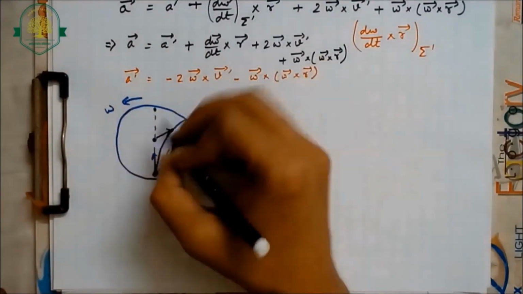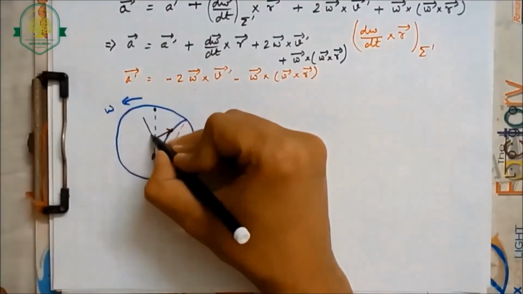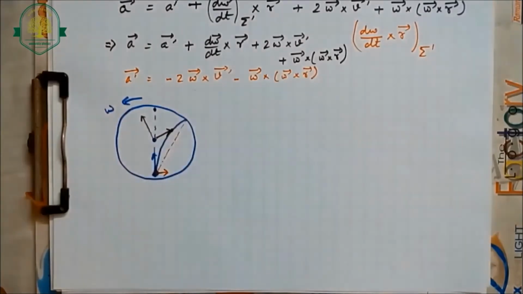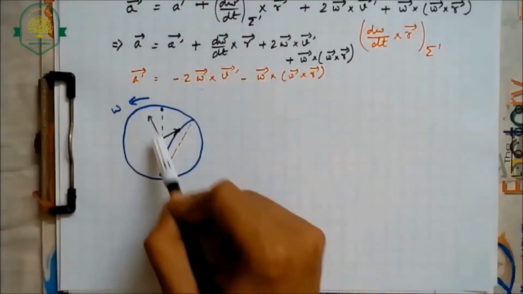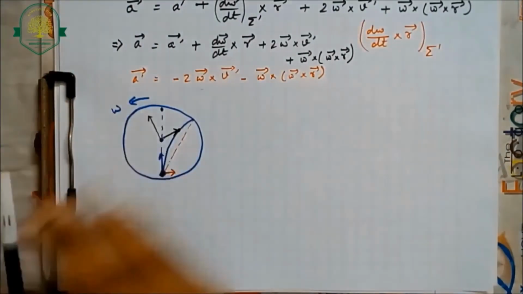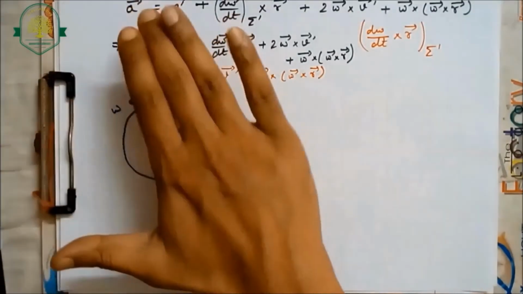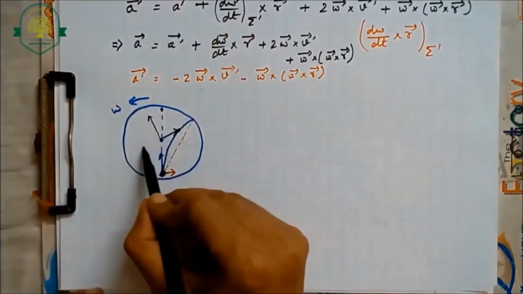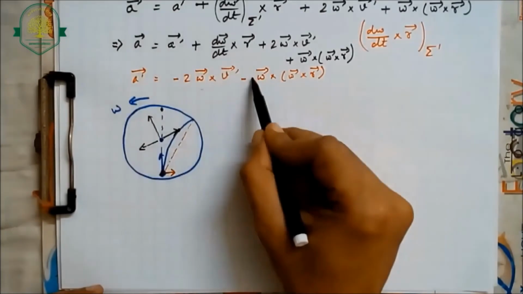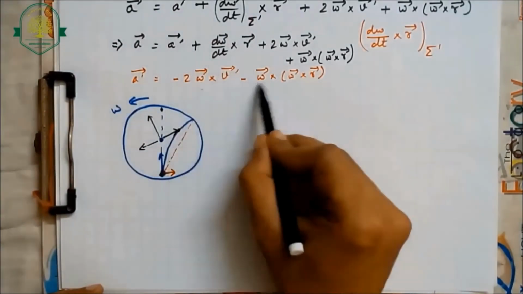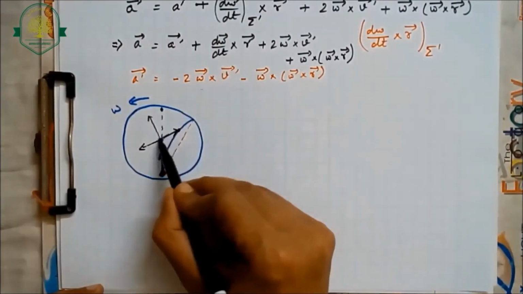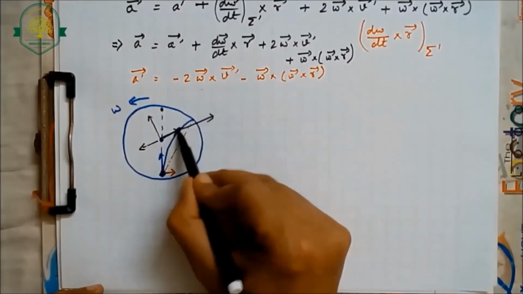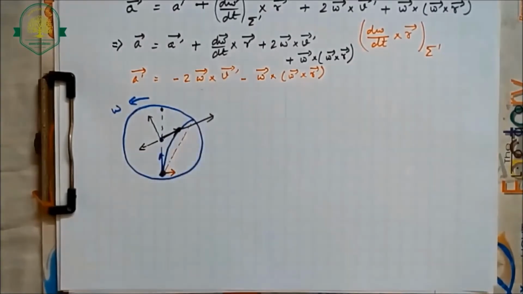So it will be a vector something like this. This will represent omega cross r, and if we do omega cross r, we'll get a vector in this direction, but there's a minus sign out here. So minus of omega cross r is a vector like this. It obviously represents the centrifugal acceleration.